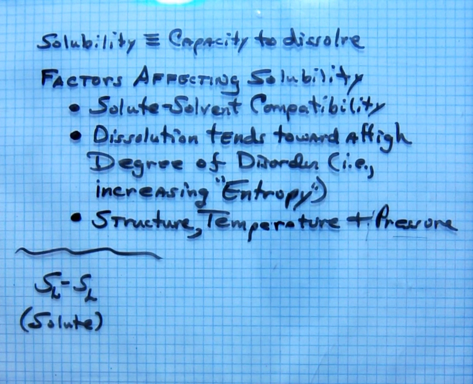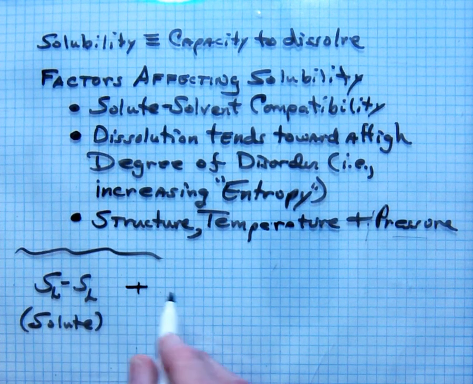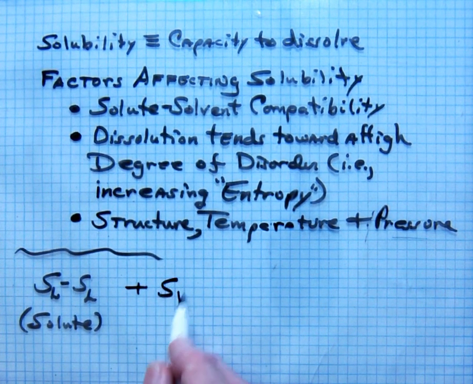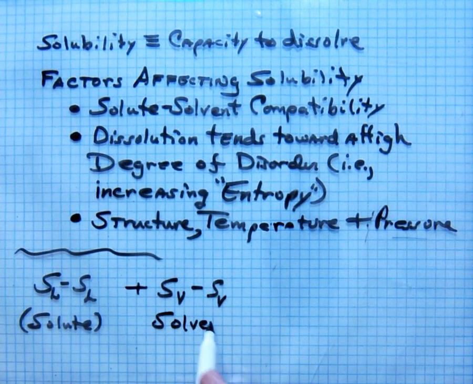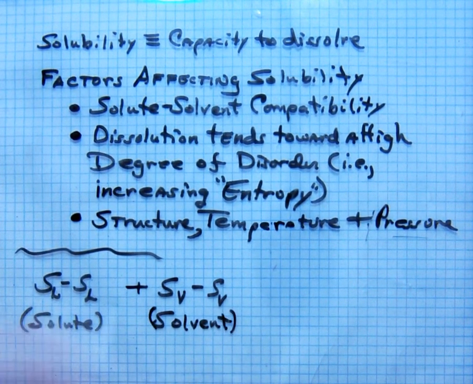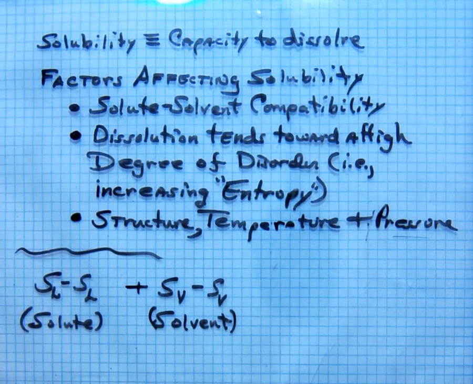You know, they hold together in the can that you got them in. Plus the solvent, I'm going to make SV, and this is solvent. Before mixing, the solvent has an interaction with its other solvent molecules and so forth. They're in the can.